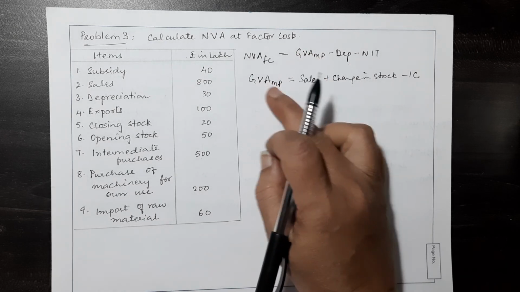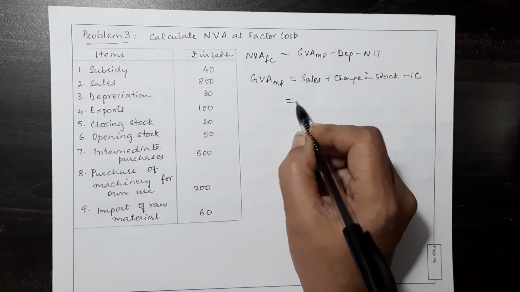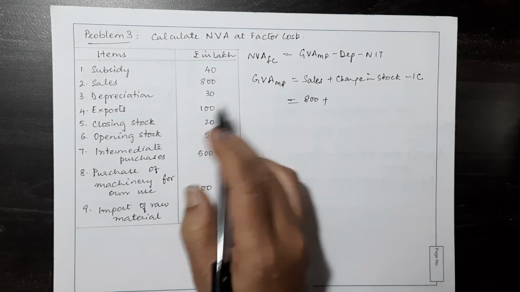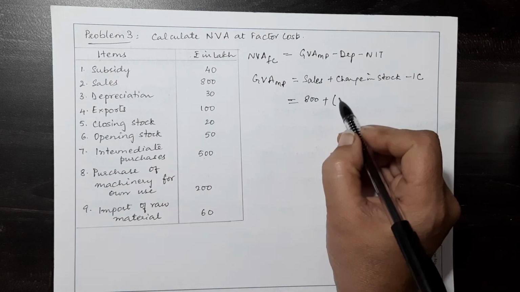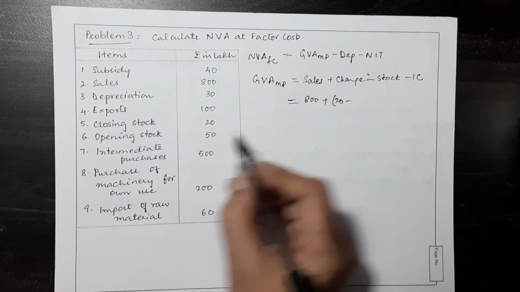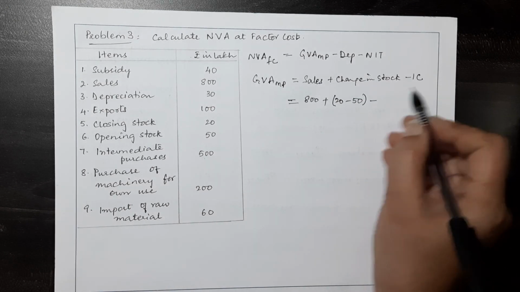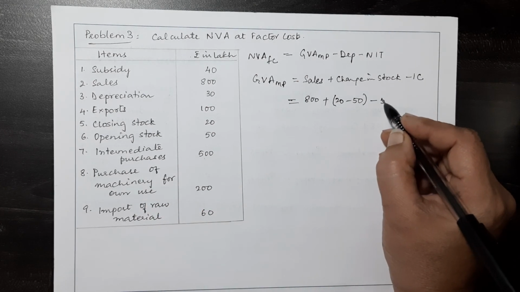So first we'll find out the gross value addition at market price. So what is the sales given to us? Are we given sales? Yes, we are given as 800 plus change in stock, that is closing stock minus opening stock. So closing stock is 20 minus opening stock is 50, okay, minus intermediate consumption. It is given as intermediate purchases, which is equal to 500 lakh.